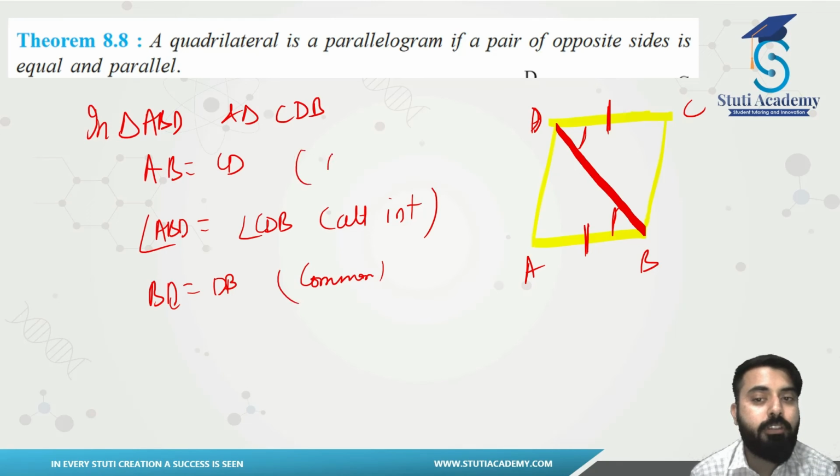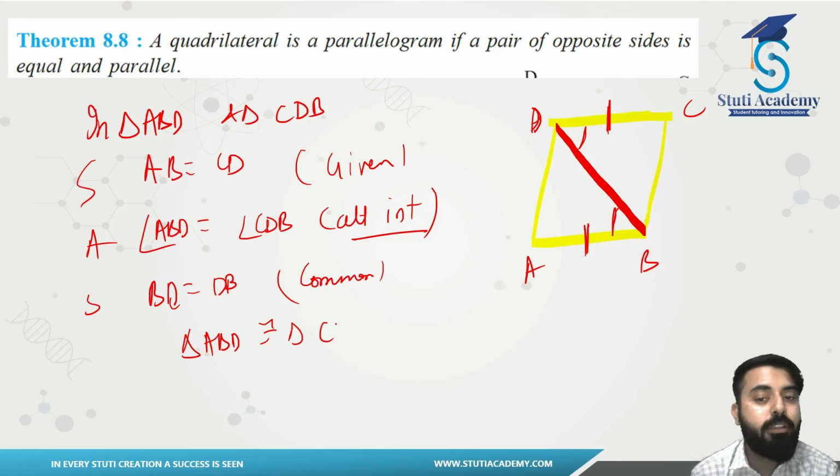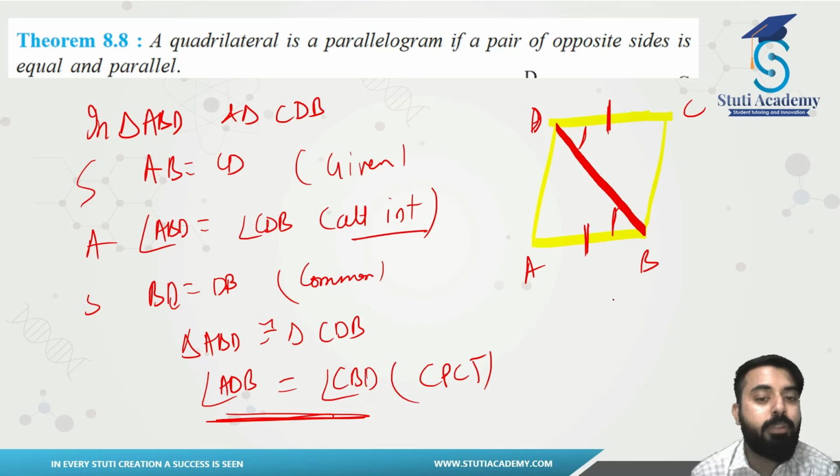So you see this is given. So side, angle, side, triangles are congruent. Triangle ABD is congruent to triangle CDB, and you can easily say angle ADB will be equal to angle CBD, CPCT.